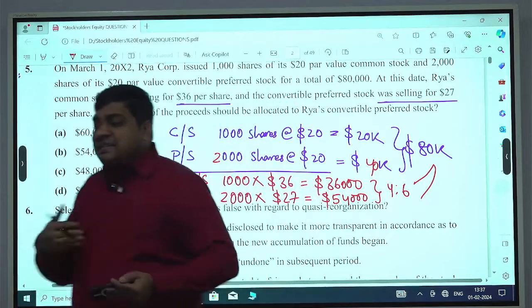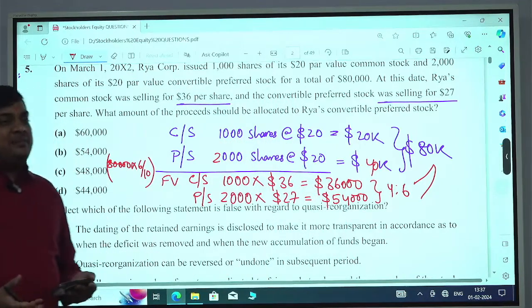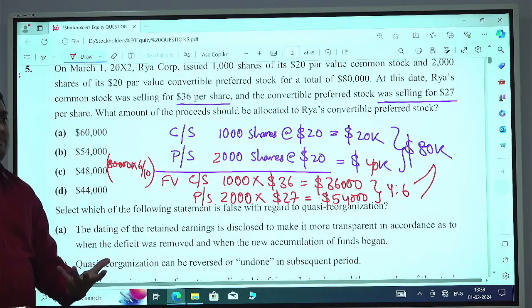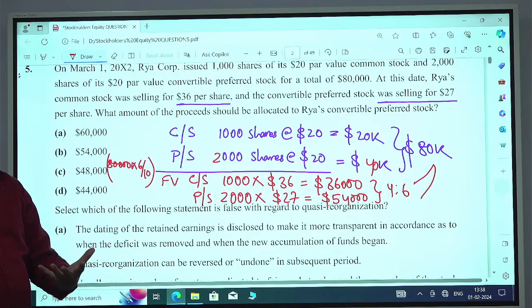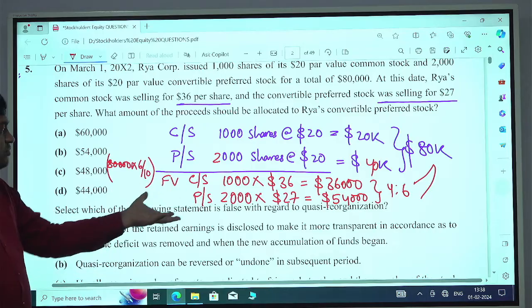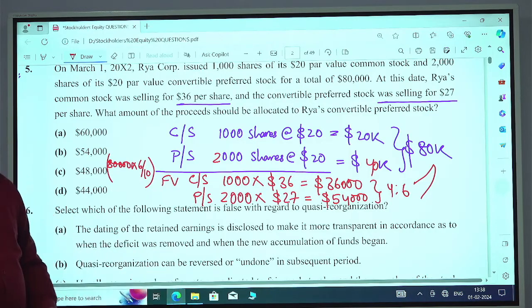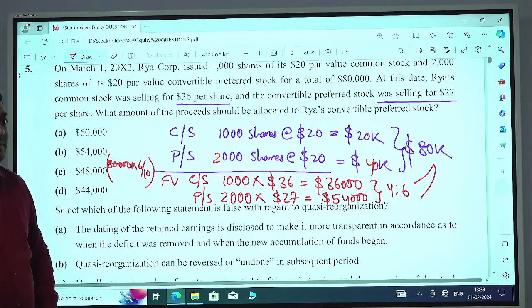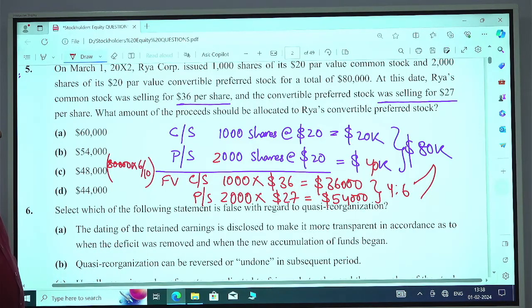It means I can easily make out that there is additional paid in capital. But I need to divide the proceeds. So it's very simple. Allocate on the basis of fair value. This is a basket issuance of shares.